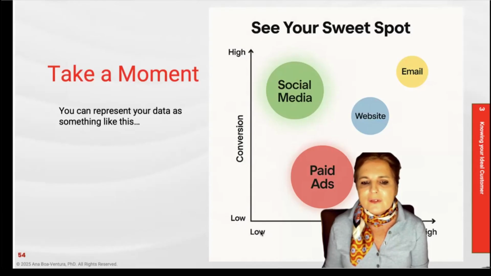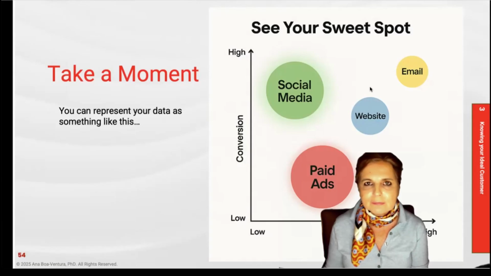And the cost is medium here with paid ads, and the conversion is low, then this is not good, because not many people are converting. And here the cost is kind of high with the website. Maybe you're paying a technician to maintain your site, but the conversion is getting up there. So this would be something to consider, right?